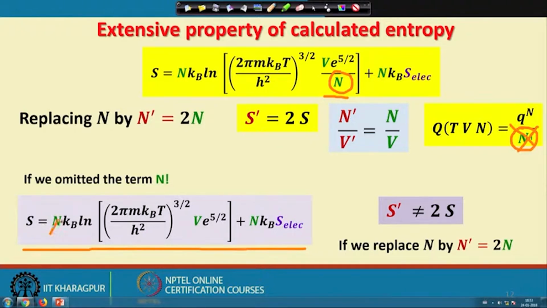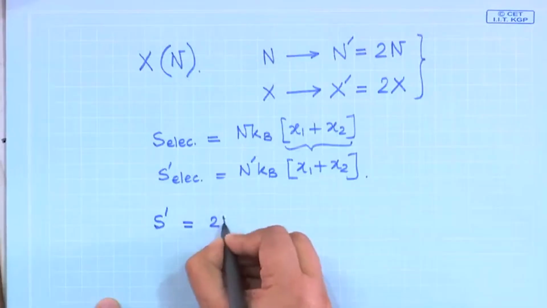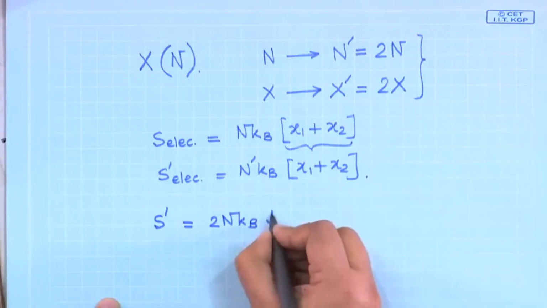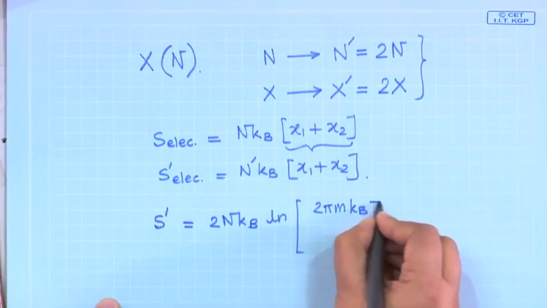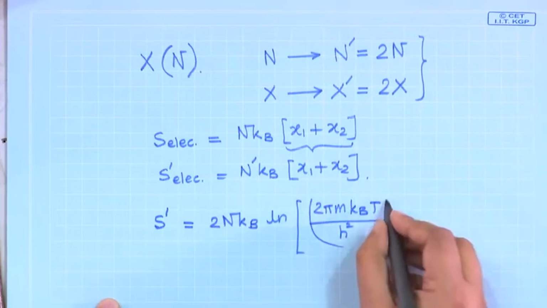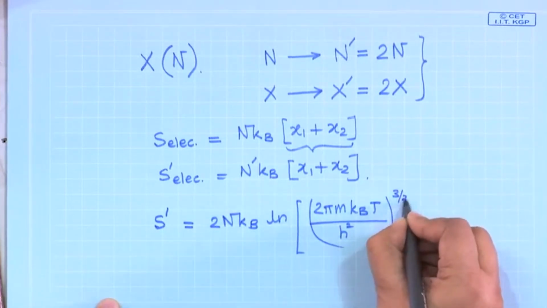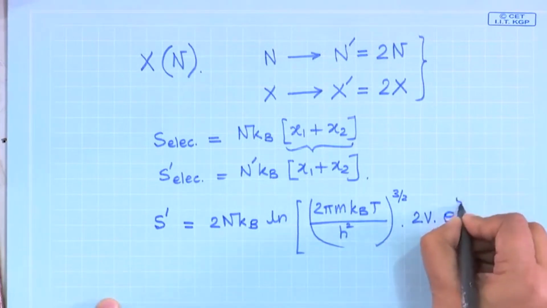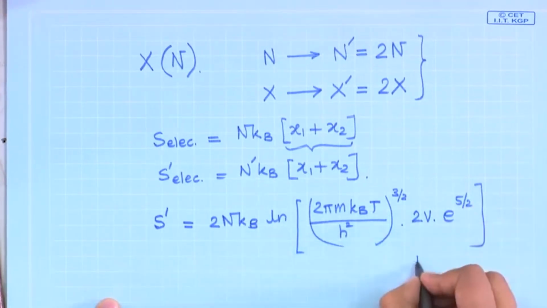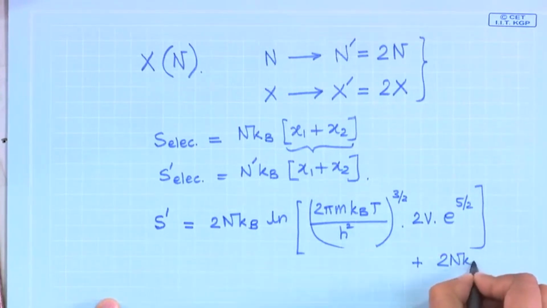You would replace N by 2N here, and you will replace V by 2V, and then S prime will turn out to be 2N kB ln of (2 pi m kB T by h square) to the power of 3 by 2 into 2V into e to the power of 5 by 2, plus 2N kB S electronic.